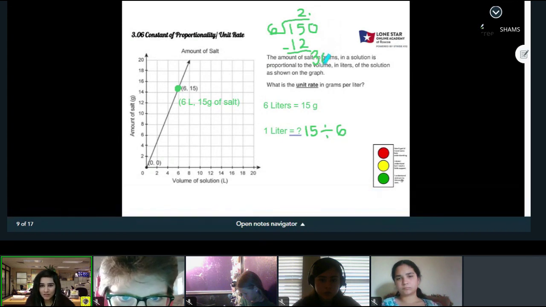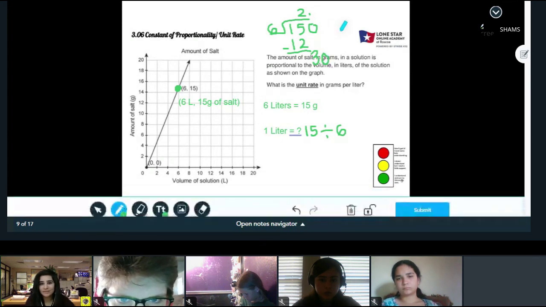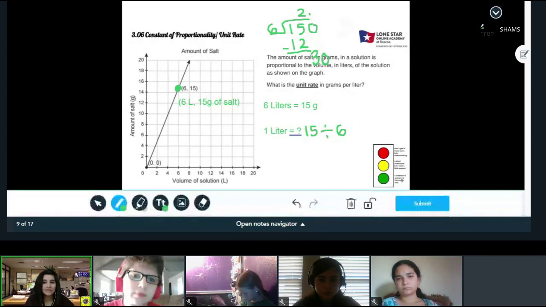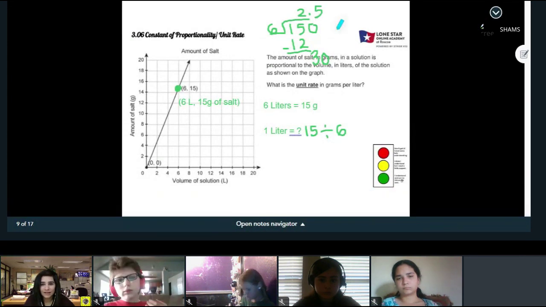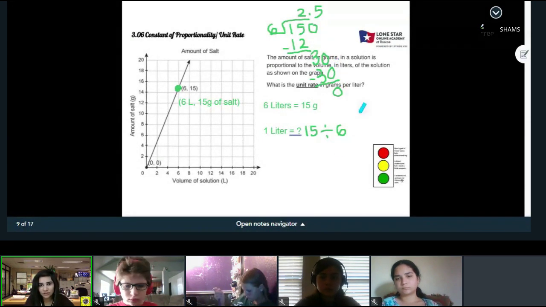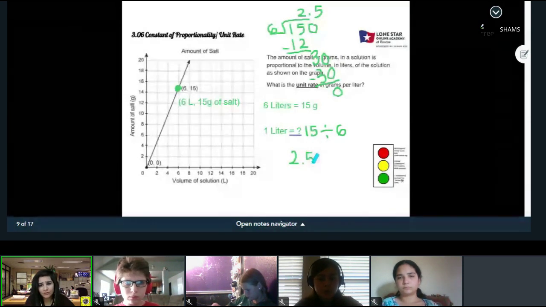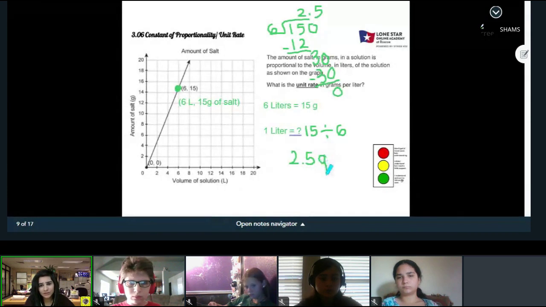Bring down the 0, make it 30. How many 6 go into 30? 5. And no more remainder. There were questions in the general class about dividing. That's why I just wanted to show the work. So that means 2.5 grams of salt in 1 liter.